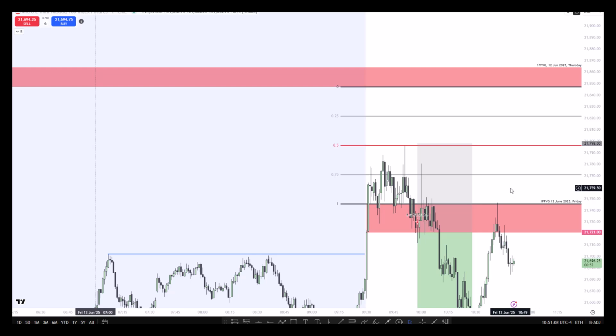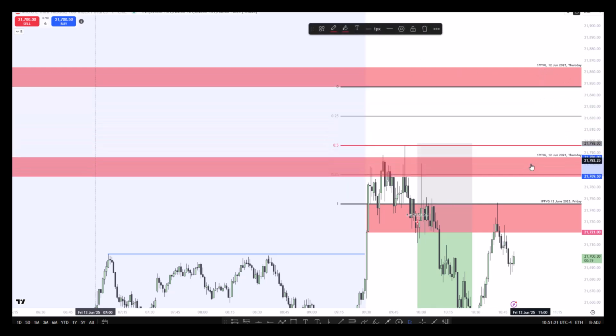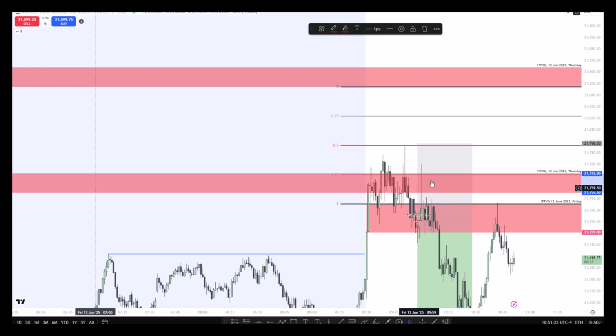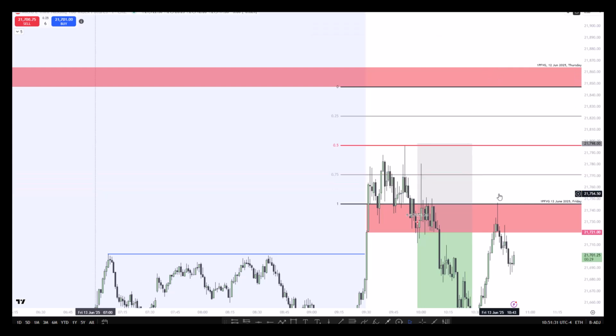If there is no reasonable amount of range between them, then you might want to look to a gap that's further up. Let's say if this Thursday gap was somewhere here and they were almost overlapping, you might want to refer back to anything recent above. And usually whenever we are skipping a day or so, ICT is advising to look at the gaps that he turned our attention to, Mondays, Wednesdays, and Fridays.